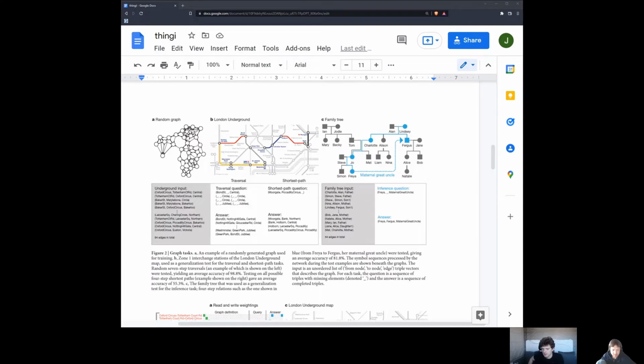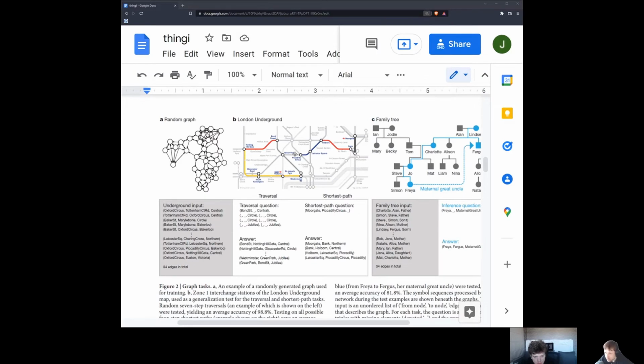Finding the shortest path was one of them, and basically this problem that we started explaining below was this shortest path type of problem. One of the examples for the shortest path was the London Underground. They gave triplets as inputs. So if you look at the very first input, how to get from Oxford Circus to Tottenham. It doesn't get that much better.